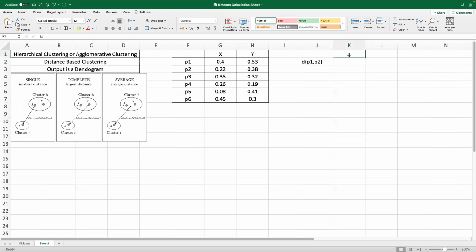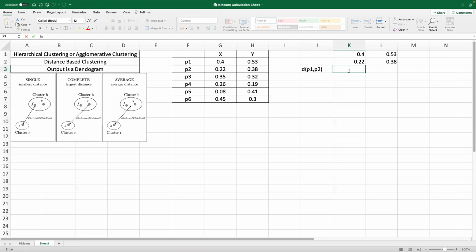The values are 0.40 and 0.22 for x, 0.53 and 0.38 for y.